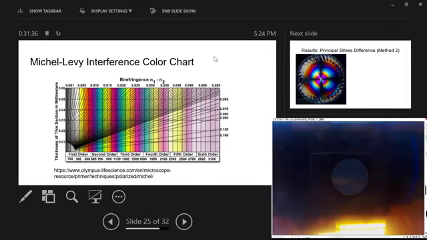The second method made more use of this chart right here, which is the Michel-Lévy interference color chart. This is something that's utilized quite a bit in microscopy, and has been around for a long time, to my understanding. It has been around since the 1800s, something in this form.